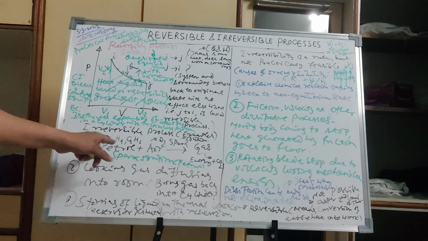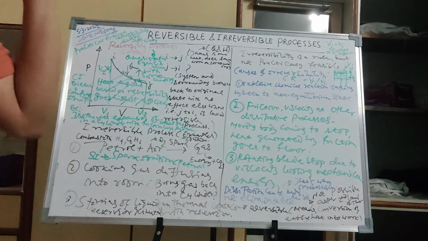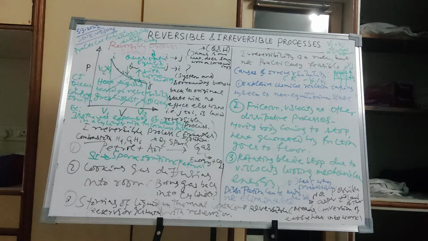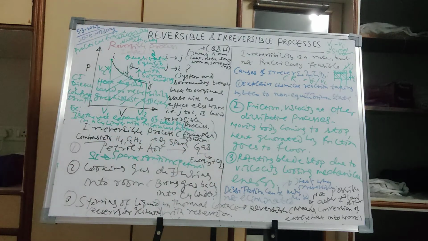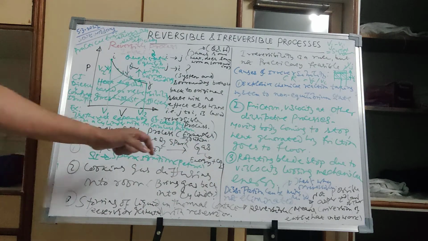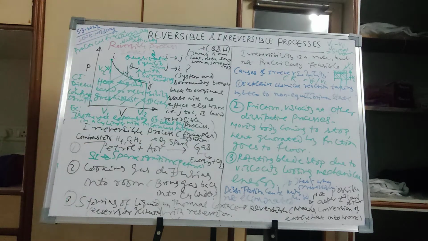So fuel plus air with the help of a spark. In a petrol engine, you need a spark to suddenly raise the temperature so that combustion takes place. It will create a gas, and it will create energy.